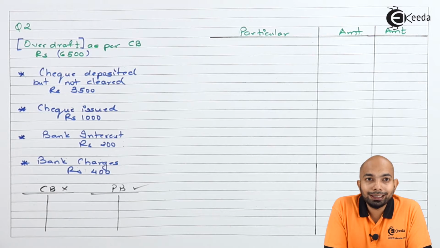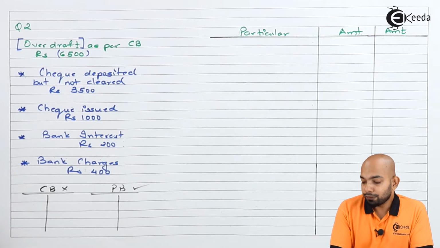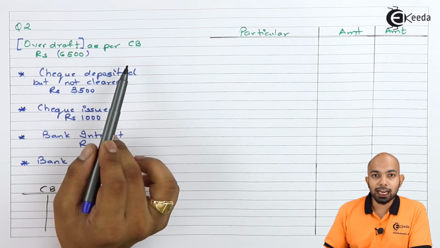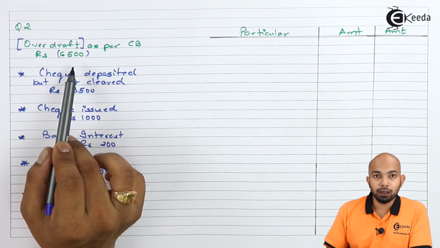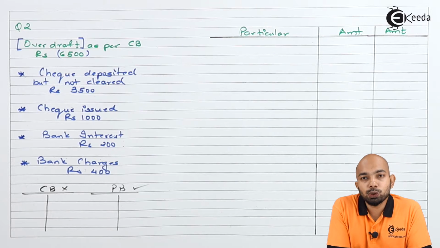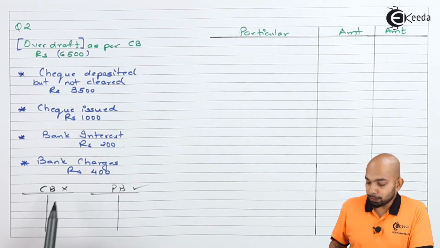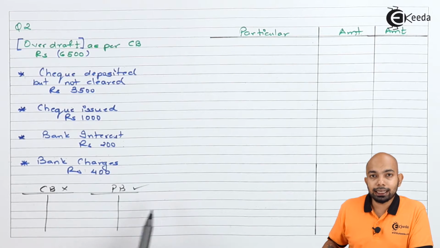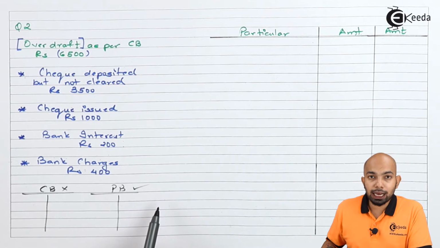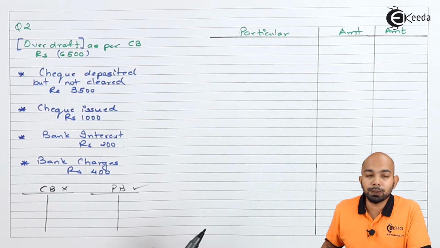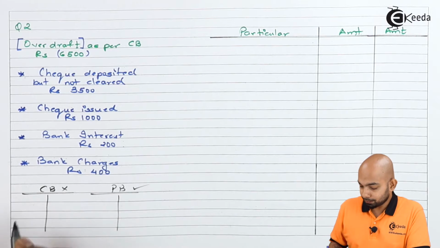So the first point we need is to understand which book is correct and which book is incorrect. As per the specifications mentioned in the sum, we have an overdraft balance as per cash book, which is 6,500. So the cash book seems to be incorrect, whereas the passbook seems to be correct. As mentioned here, cash book is incorrect and passbook is correct. Let's put the addition and subtraction signs here so that we'll be able to solve these transactions.